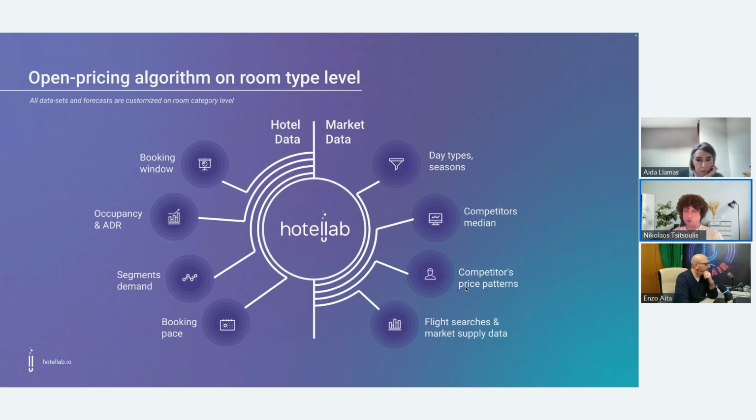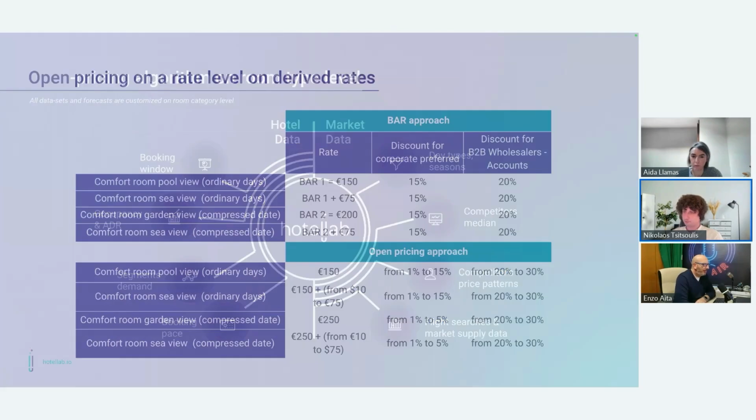Behavior of competitors, who is available, who's not available. It's quite a huge amount of data that we need to analyze if we want to go to a more advanced pricing strategy like open pricing, which obviously would allow us to live as stated. That is the core principle, less money on the table.